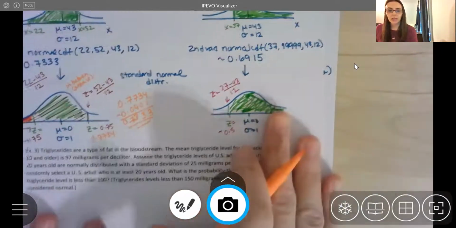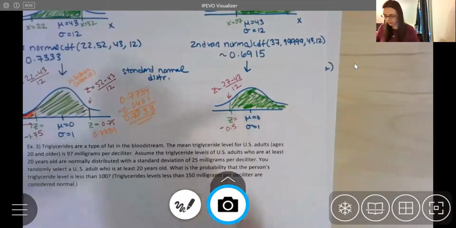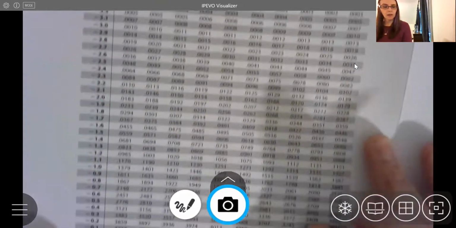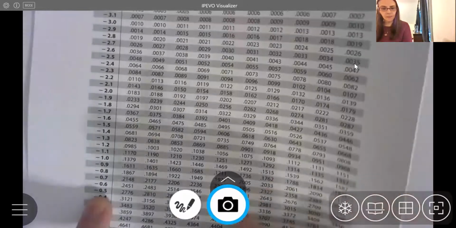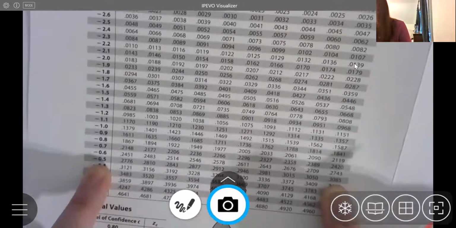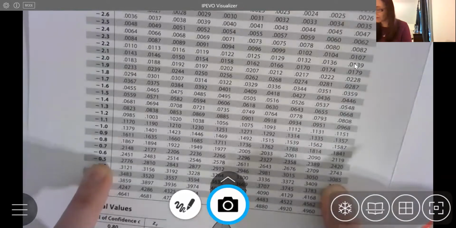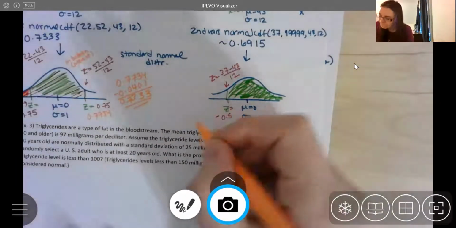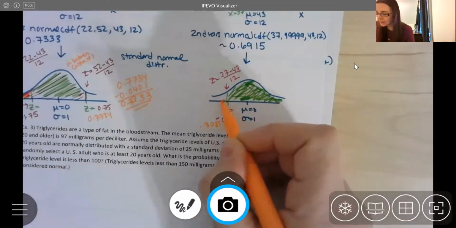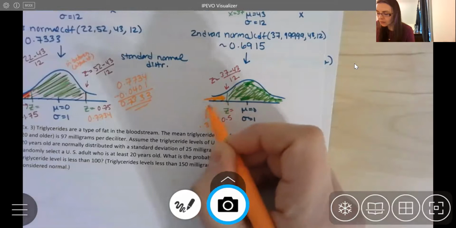Now for this one, if we're using the table, again, I still have to find that area. So I'm going to go back to my table and find that 0.5 mark. Okay. So it's way down here. And then I would go all the way to the right to find that 0. It's 0.50, and I get 0.3085. Okay. But you want to remember, in the table, it's always the area to the left. So that's not what I want.